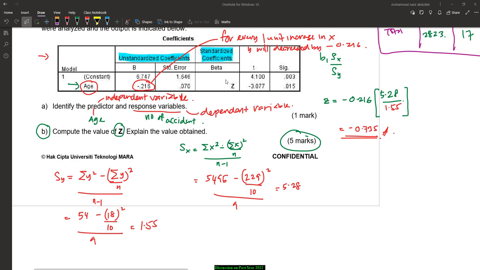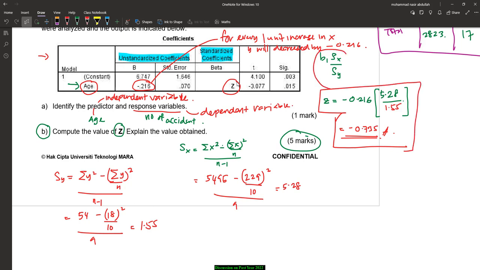So for the standardized coefficient, it explains in terms of variance or standard deviation, because the values we input here are standard deviation values.